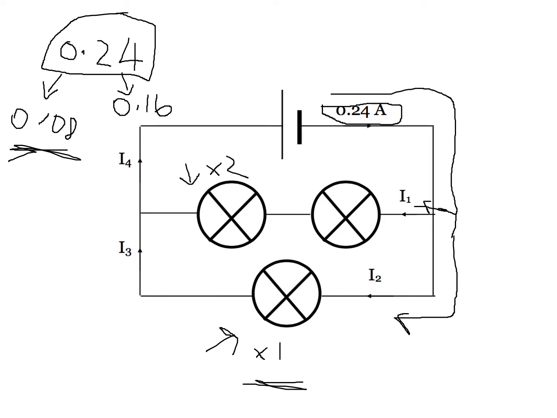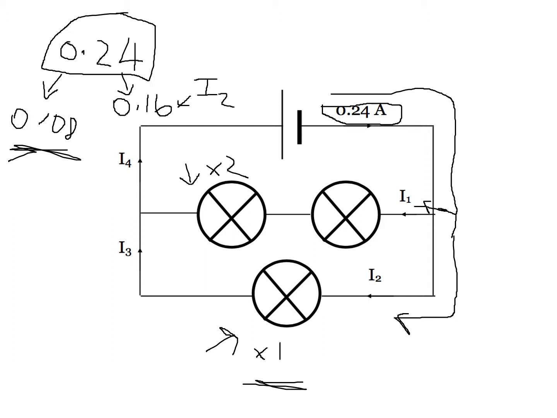Final thing is, which current goes with which branch? Which one goes with I1? Which one goes with I2? So I'm going to give you 5 seconds to match those up starting from now. Okay, so I2 was this one here, because remember, there's only one bulb, so it should have the bigger current.